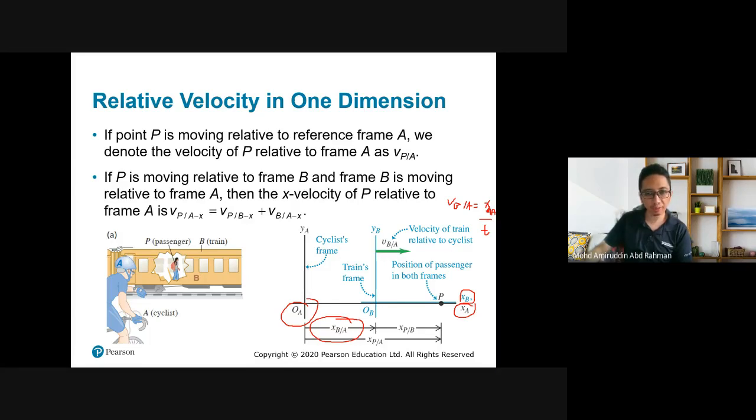We see that the passenger P now is in the moving direction. The passenger is seen from the moving direction of the cyclist and also on the moving train.